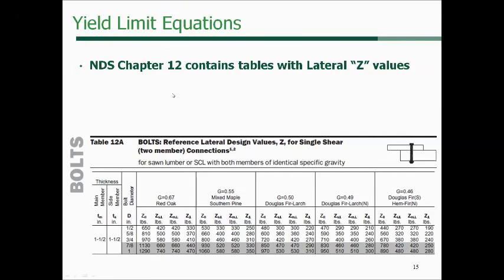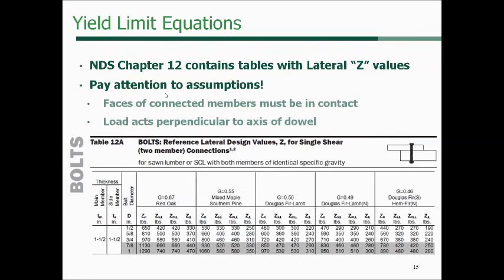So besides the equations, we also have tables in the NDS for those different configurations of different types of fasteners, where we tabulate design values. And so you need to pay close attention to the assumptions. One of those assumptions is that the faces of the connected members must be in contact. So if you have a gap between the side and the main member, that really kicks you out of the NDS into another technical document that we'll talk about a little bit later, Technical Report 12.